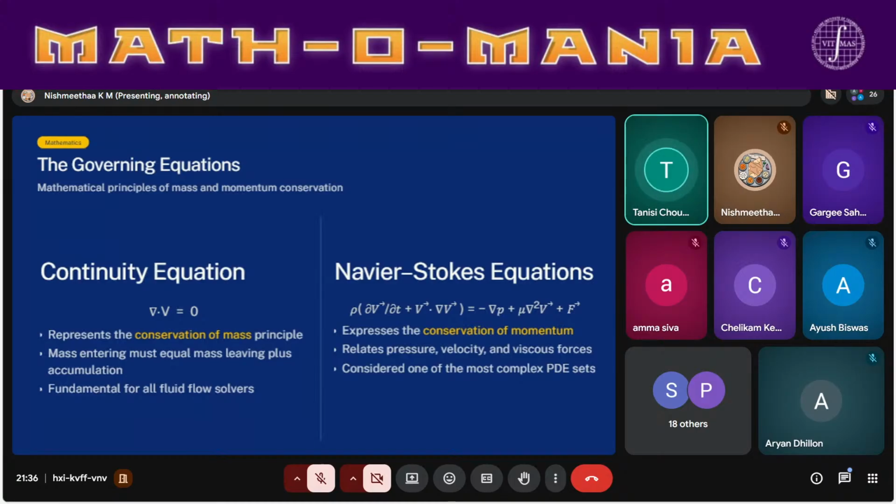Other than these two, we have the conservation of energy equation, where the loss of energy must equal the gain of energy. These three equations are the main factors that come into play while simulating fluid dynamics, whatever we are using it for. The next slide, please.